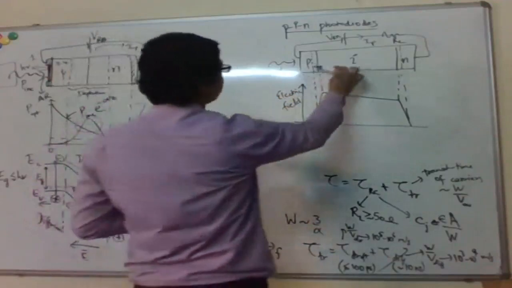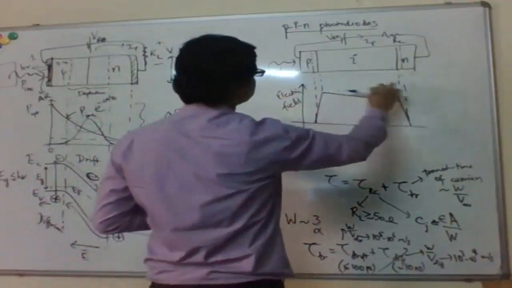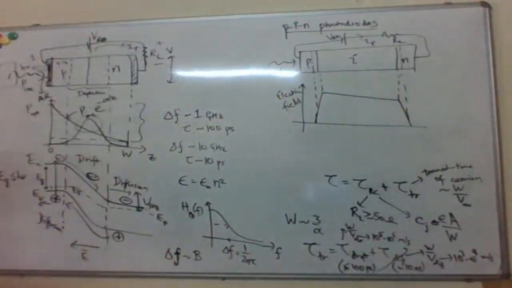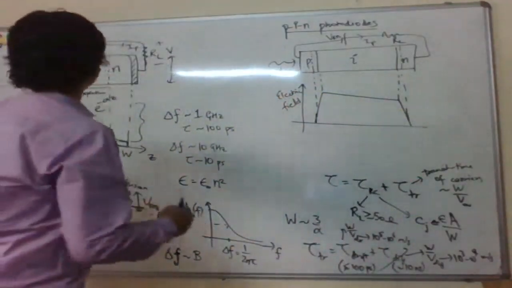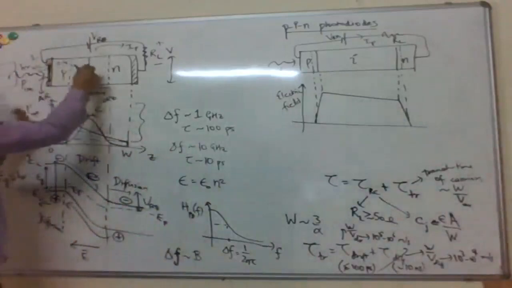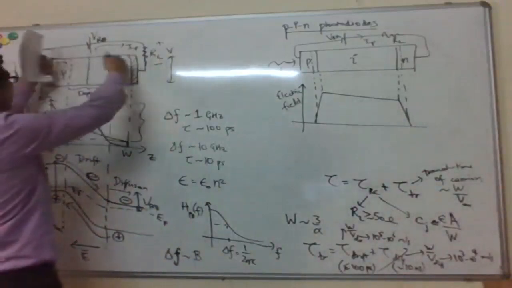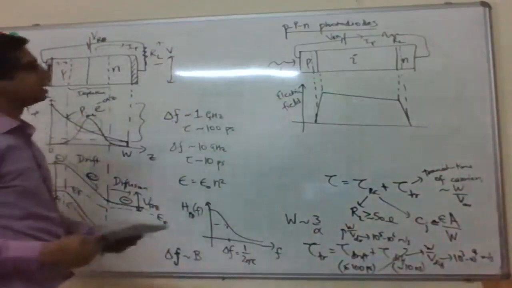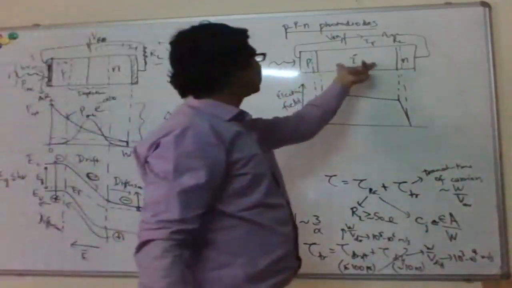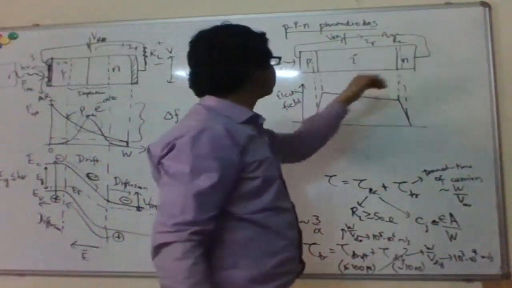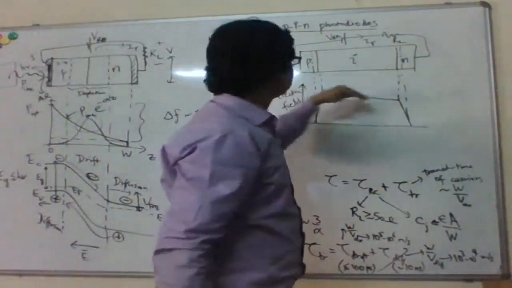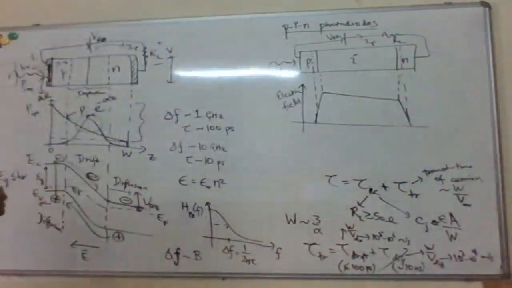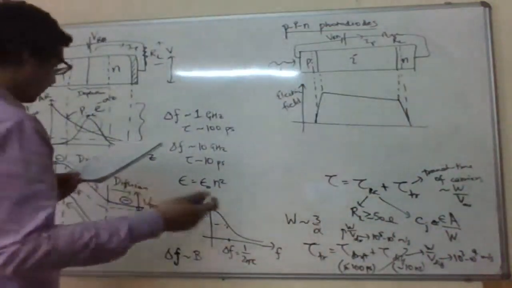So there is a high electric field maintained throughout the intrinsic region. Right, so basically what you've done is put in an intrinsic region, and if you extend the intrinsic region, this electric field just gets extended across it. And now if your intrinsic region is much longer than the P and N regions, then over almost the entire device you have this high electric field, which makes a carrier move very fast across the entire length.